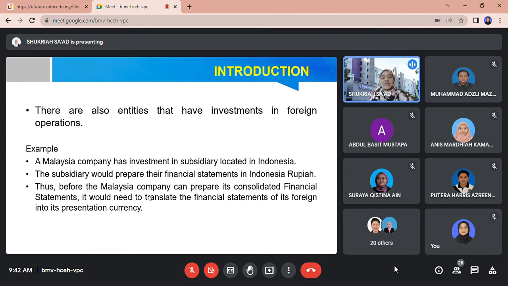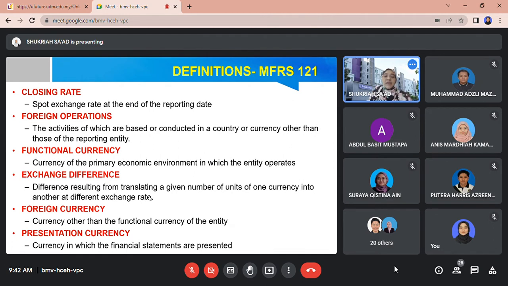Tapi ada juga yang kata it can be subsidiary yang akan translate US dollar kepada rupiah. Ada yang kata holding yang akan translate, maknanya mana-mana boleh. Selalunya subsidiary akan translate dia punya US dollar transaction tu kepada rupiah dalam kes tadi, and then holding company akan translate rupiah kepada ringgit Malaysia.